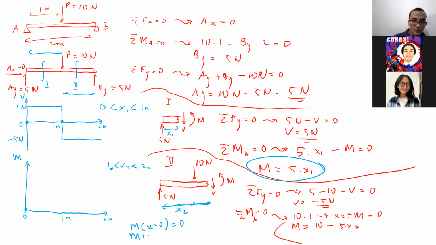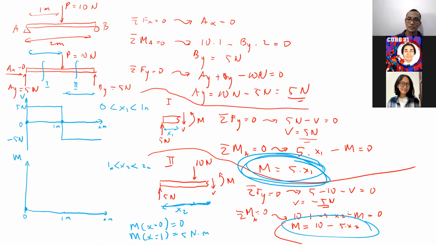And at x equal to 1 meter, what is the value of moment? It will be 5, sir. 5, correct. 5 Newton meter. Okay, you actually can use the first equation or the second equation for the moment.